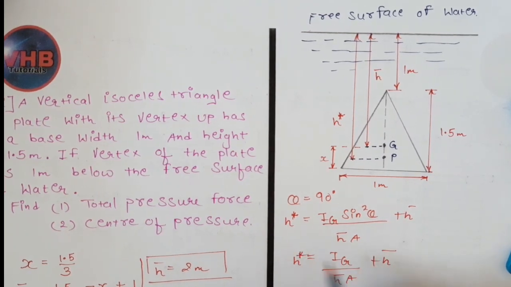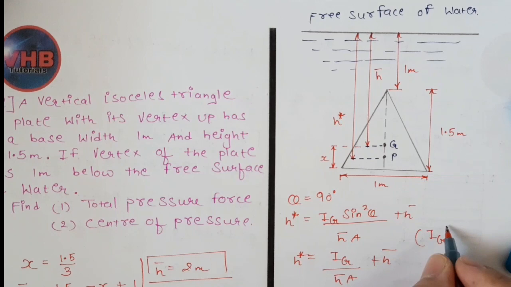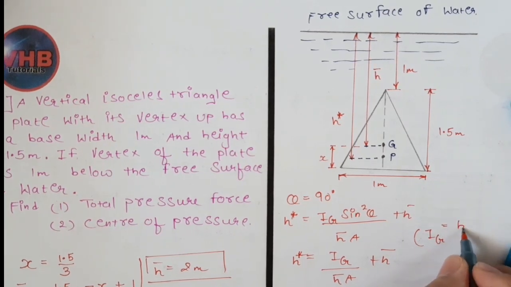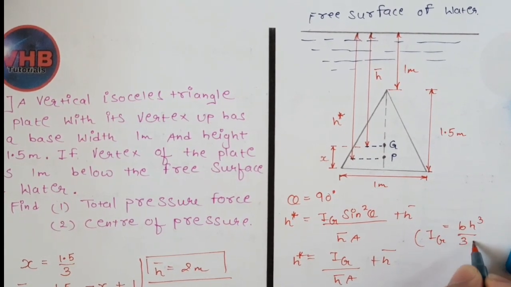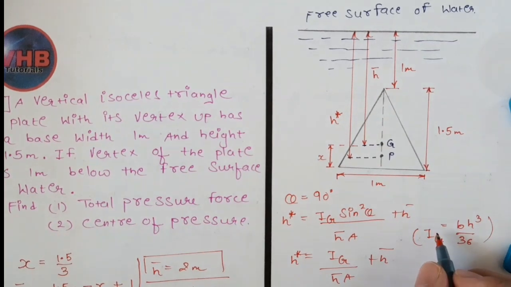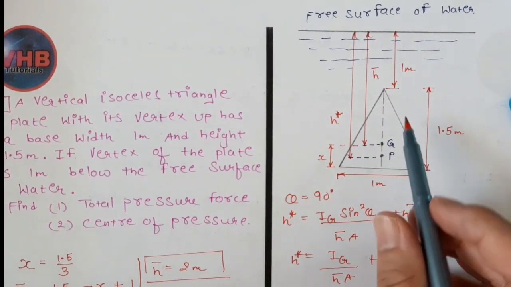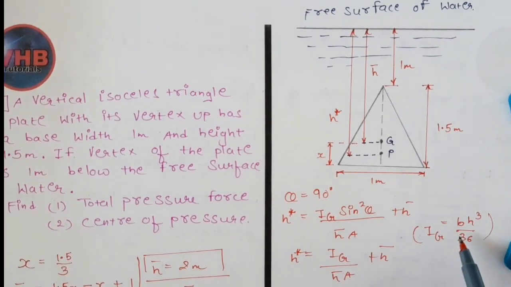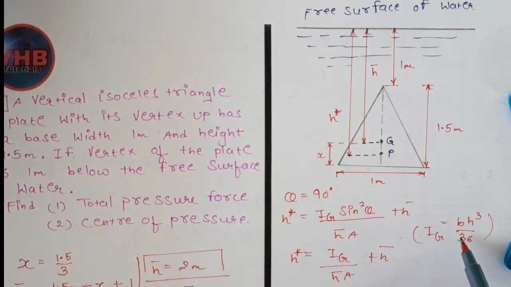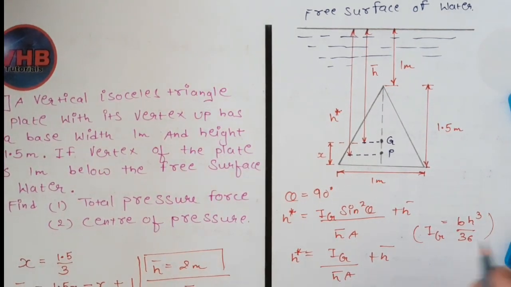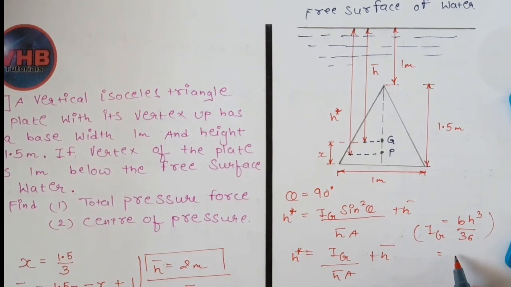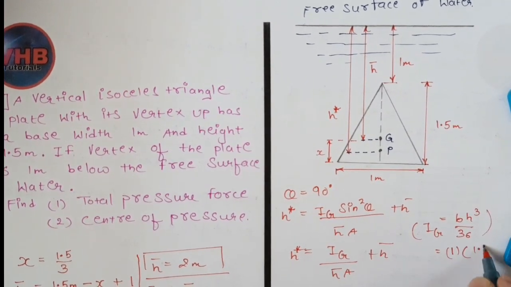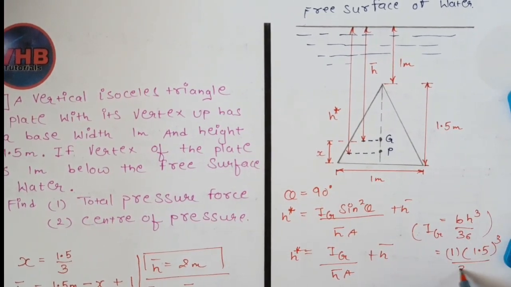Now what is Ig? Ig for the triangle, the moment of inertia about its centroidal axis, will be B into h cube by 36. If you put the values, B is the base, so it is 1, height is 1.5, the whole cube, divided by 36.